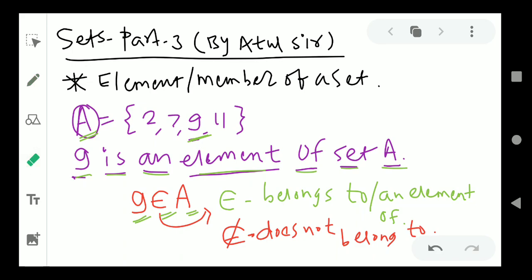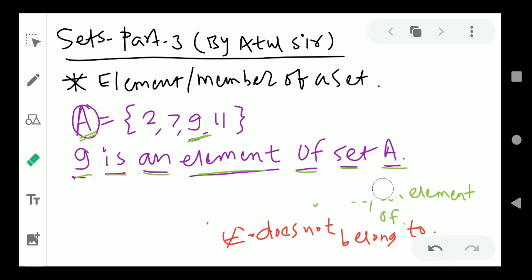Here we can take an example. You can tell me whether 13 is a part of A or not.